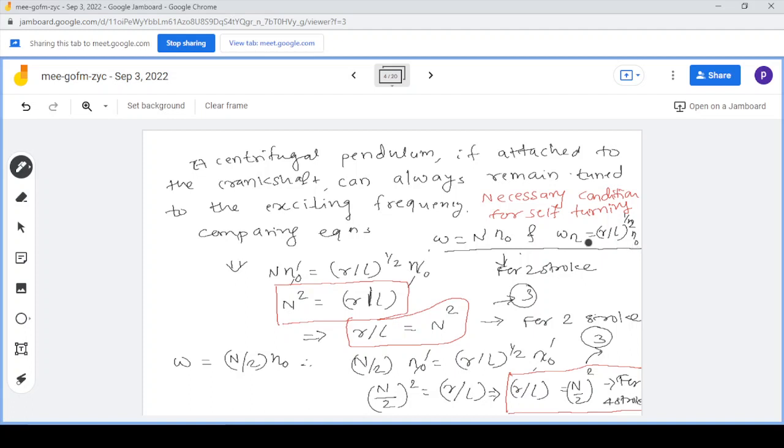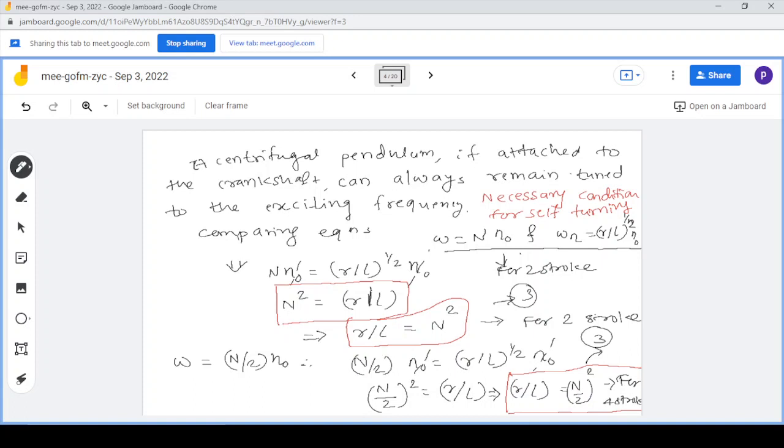What is omega n? It's the natural frequency. So by rearranging the terms and comparing the expressions, we obtain r by l is equal to n square, and r by l is equal to (n by 2) whole square.